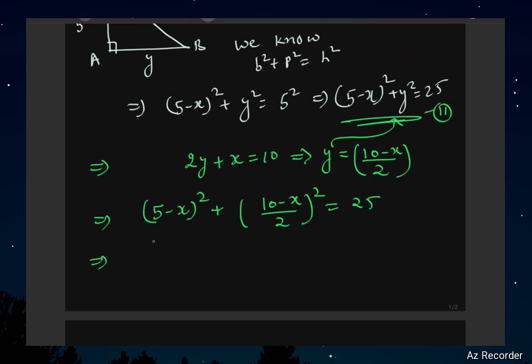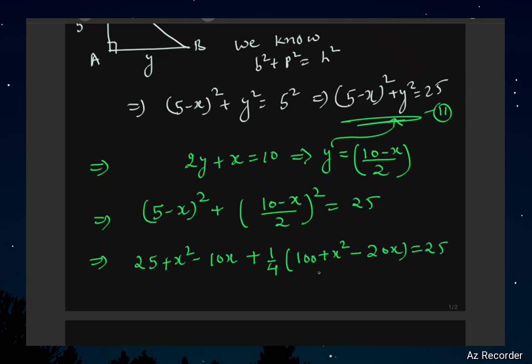Let's start opening the brackets. 5 square is 25 minus 10x plus x square, plus 1 by 4 of 100 plus x square minus 20x, equals 25, right?